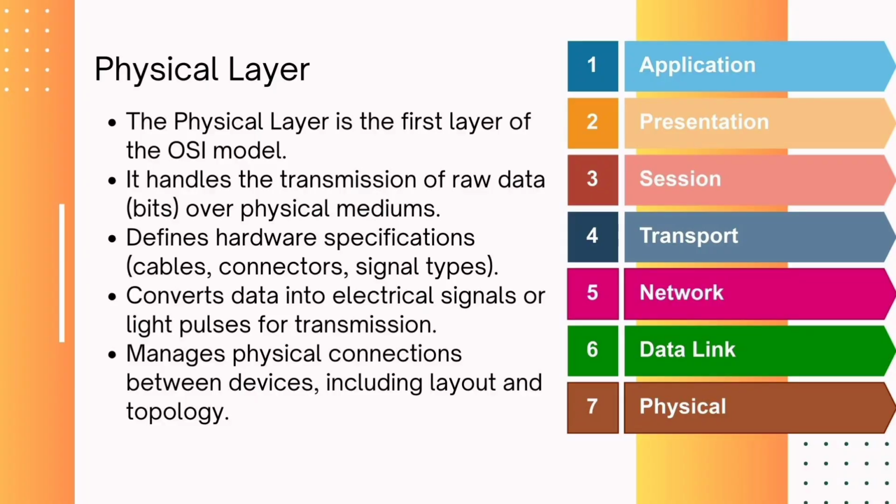Along with that, it uses different types of encoding schemes, for example the non-return to zero scheme and the Manchester scheme. These schemes convert our data into signals, and after that the signals are transmitted to the cable or any wireless transmission media.